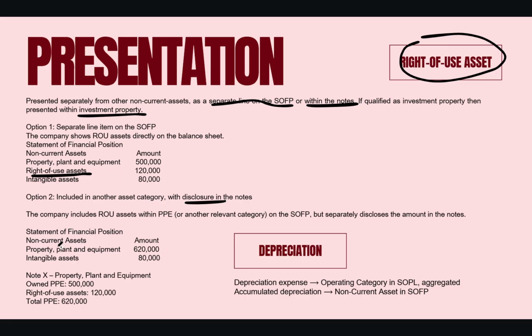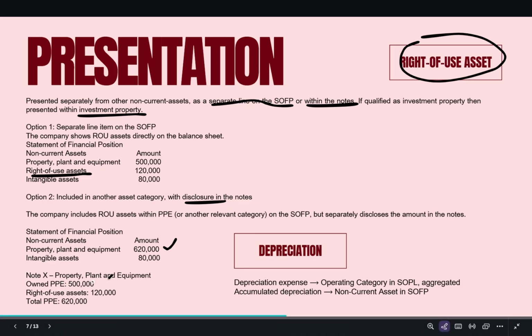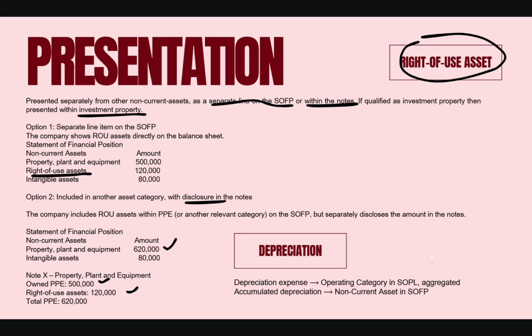For the SOFP, you just put it as PPE 620. However, in the note you will show the breakdown, which is the own PPE is 500,000 and right of use asset 120,000.